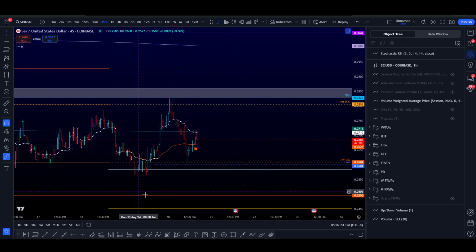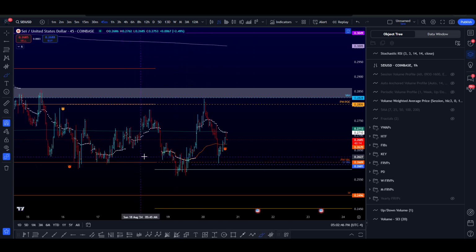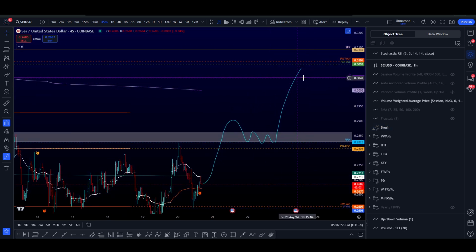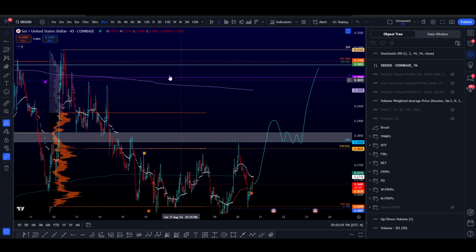Now, if we establish this higher low and confirm a market structure change by breaking this high, then I'd be looking for this area to act as support before continuing higher to the daily level above and the previous month value area low, which we did get rejected from, which caused this massive sell-off previously, right?